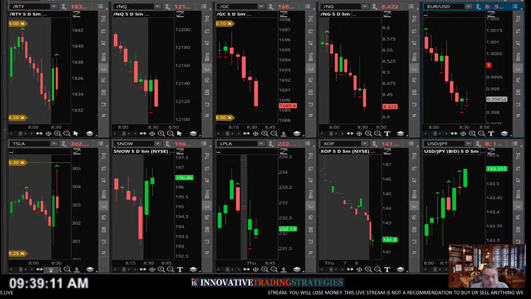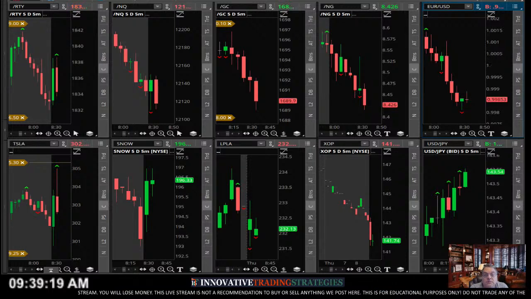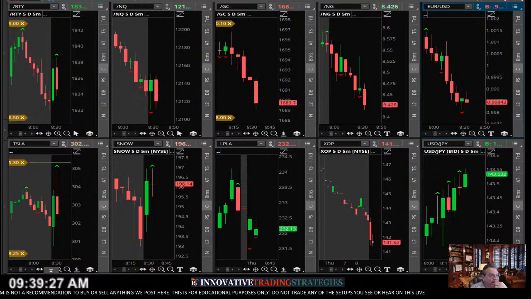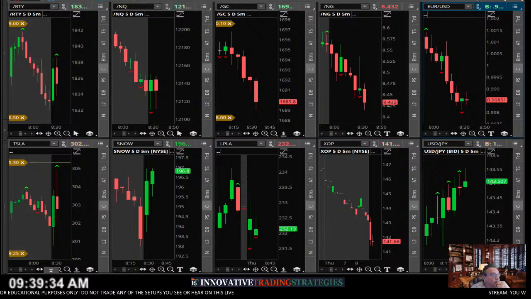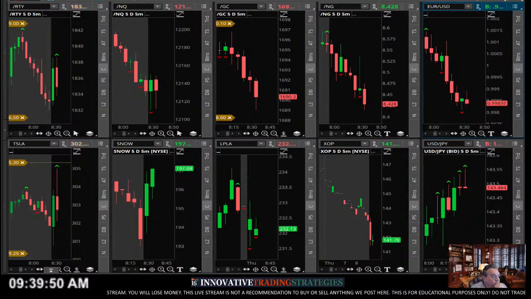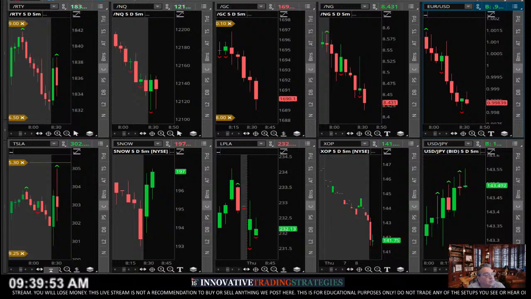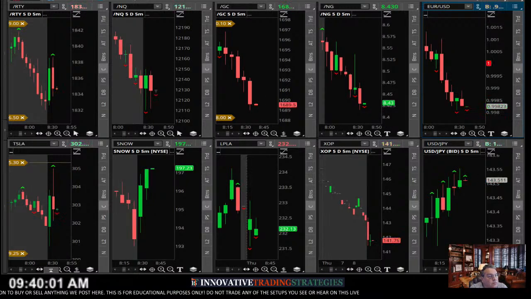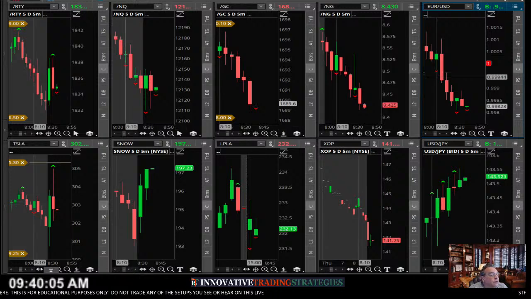Gold's working its way down to the target. 1688 once again is going to be that target on gold. I didn't get that double carat, so no go on the euro short.